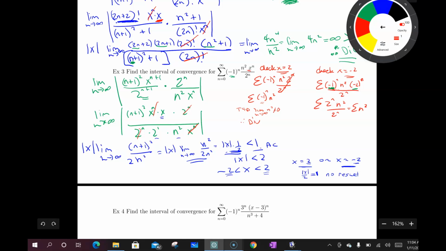So again, by the test for divergence, if I take the limit as n goes to infinity of n squared, it does not equal 0, so therefore it diverges. I don't use this endpoint either. So what is the answer? Between 2 and -2 is the domain or the interval of convergence.